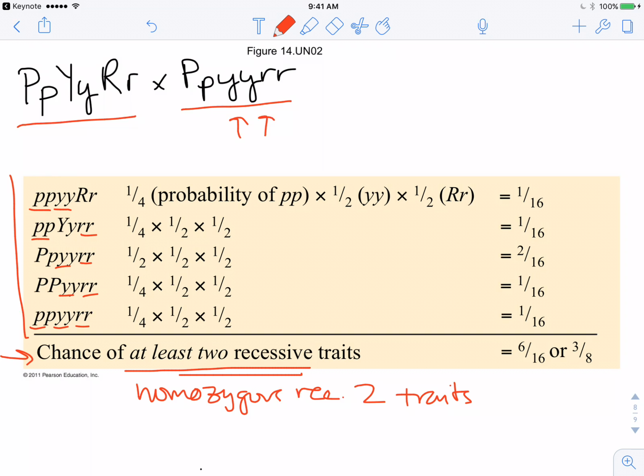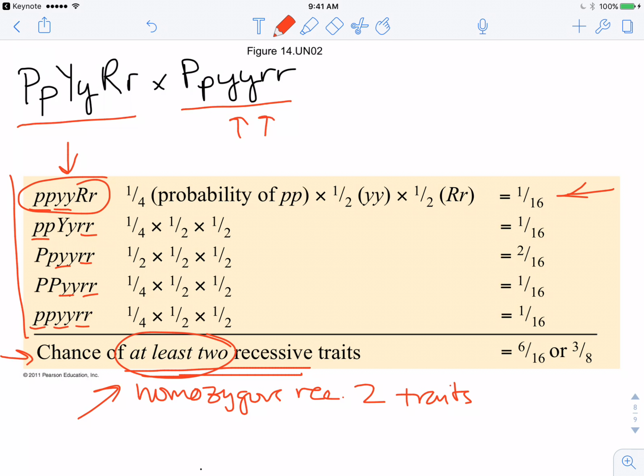Okay, so these are all the possible genotypes I can get that will answer the criteria of the question. So then what you do is you figure out the probability of getting each genotype, and for that you use the rule of multiplication, okay?